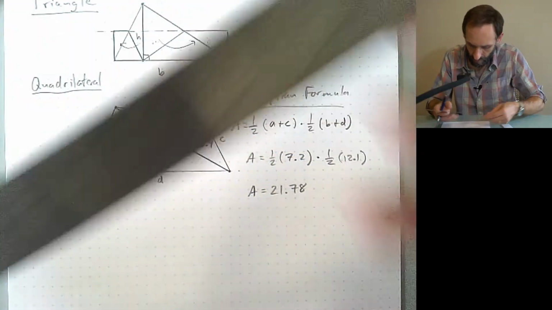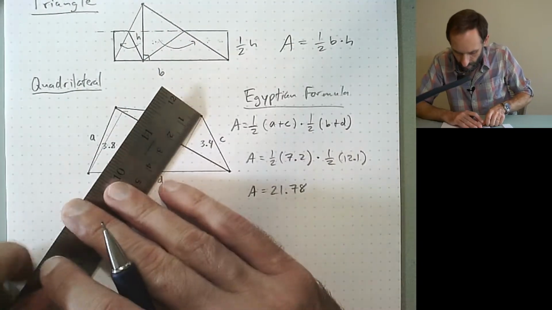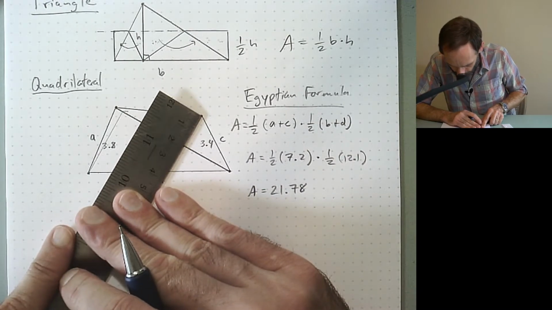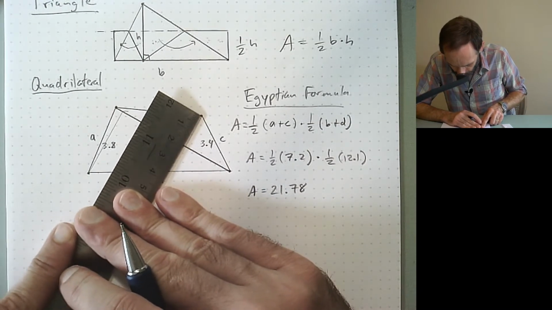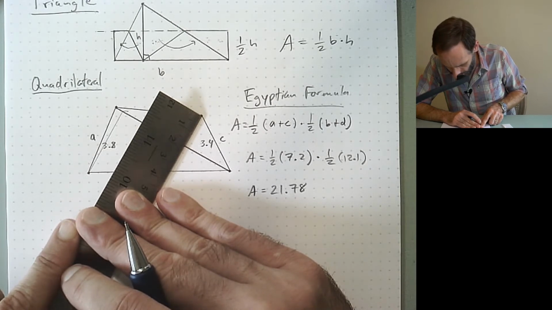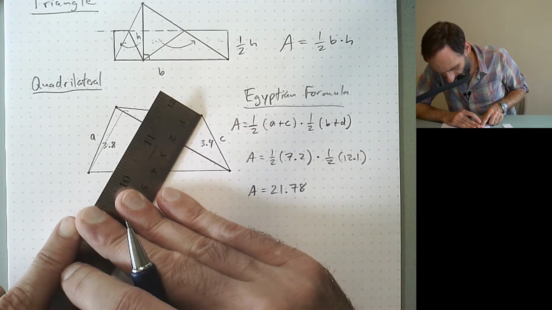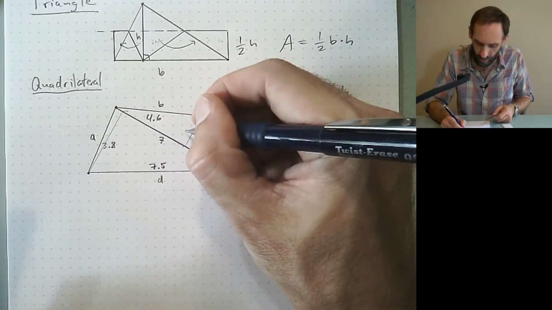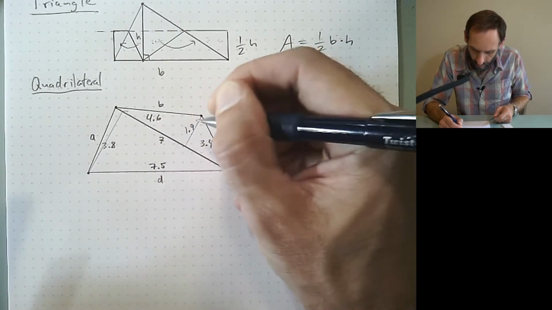Okay. Now, this distance here looks to me like 1.9. Might even be slightly under, but 1.9 I think is the closest. 1.9.